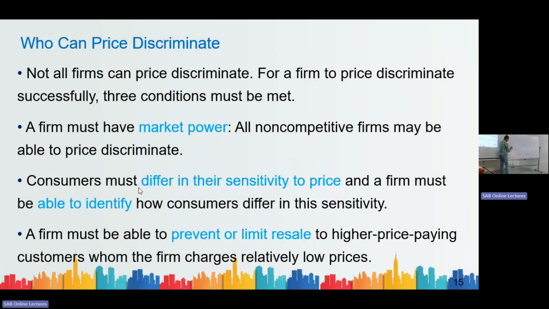The firm will not achieve its target because some other person goes to location B, purchases the same commodity at a lower price and resells it at a higher price in location A. So in order to make price discrimination a success, firms should be careful to prevent or limit resales between the locations where the price is lower and where the price is higher.